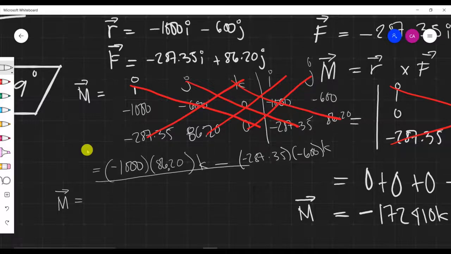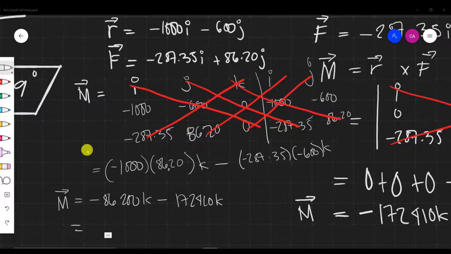Pag pinagsama-sama natin yan, negative 1,000, so magiging negative 86,200K minus, ano yung sagot natin kanina? 172,410K. So, equals to, ano ang moment natin?